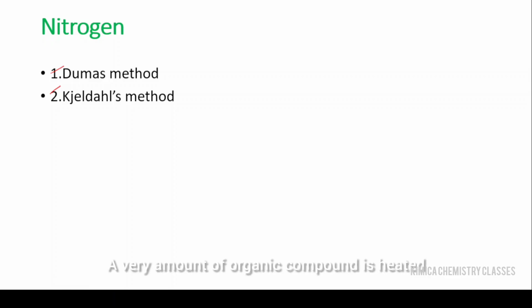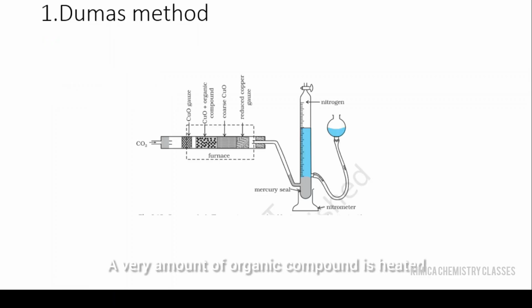A weighed amount of organic compound is heated with an excess of copper oxide in an atmosphere of carbon dioxide. Carbon and hydrogen present in the compound are oxidized to carbon dioxide and water respectively, while nitrogen is set free as nitrogen gas. If any oxide of nitrogen is formed during this process, it is reduced back to nitrogen by passing over hot reduced copper gauze.